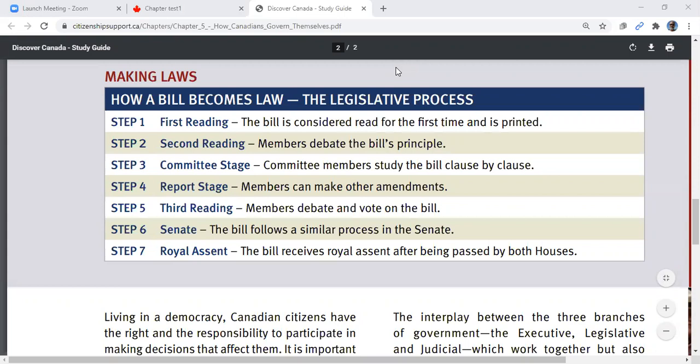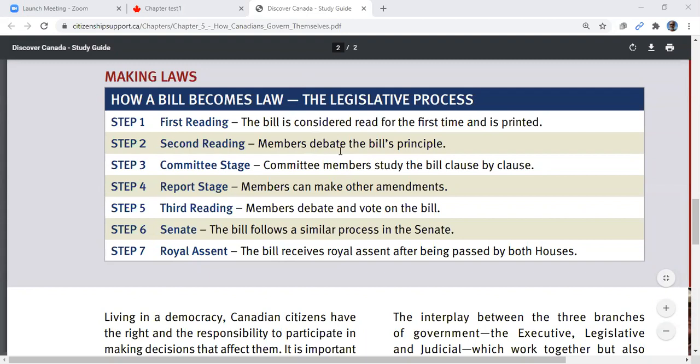You know what that word debate means? Anybody know what that word means? Members debate the bill's principle.